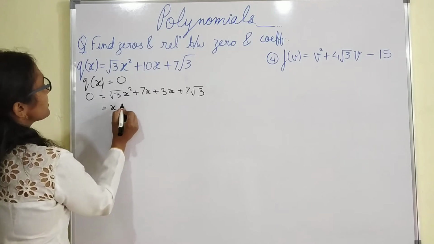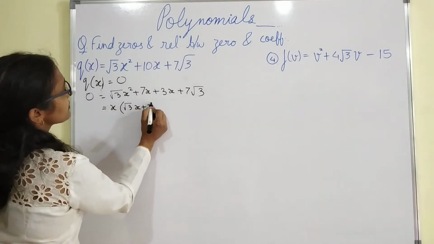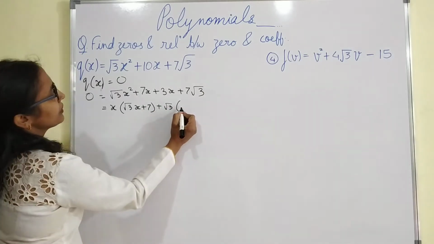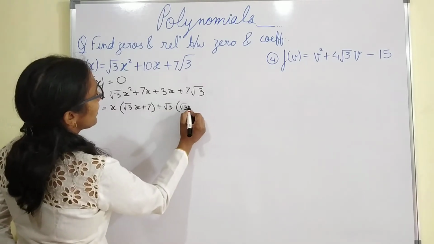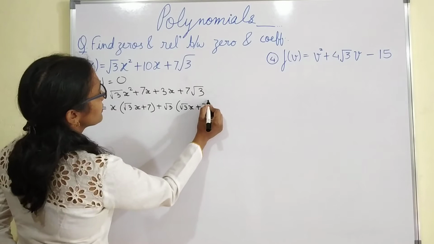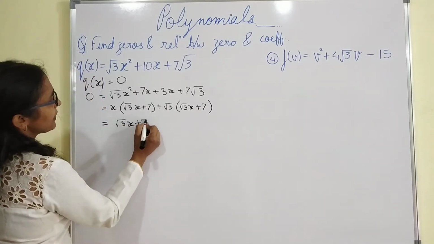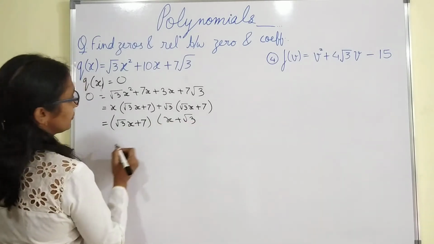So x into root 3x plus 7 plus root 3 into root 3x plus 7, so root 3x plus 7 and x plus root 3.